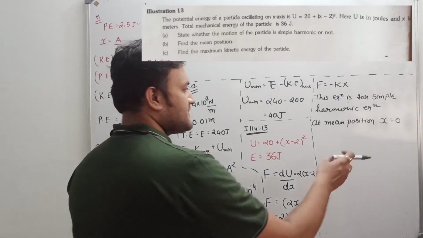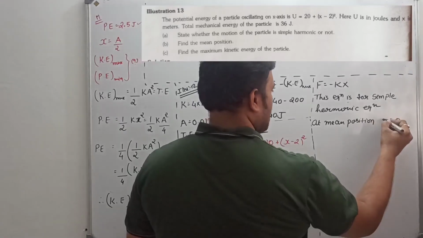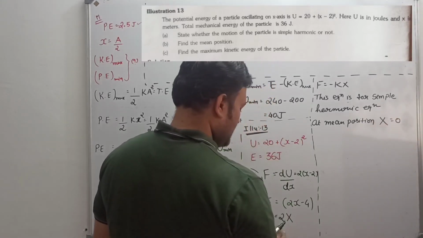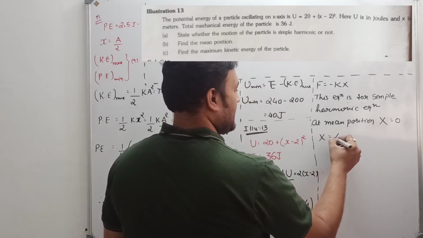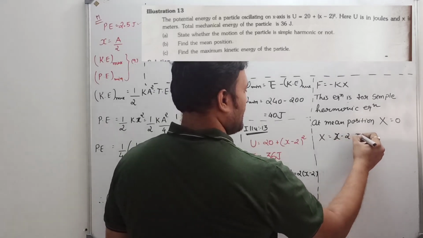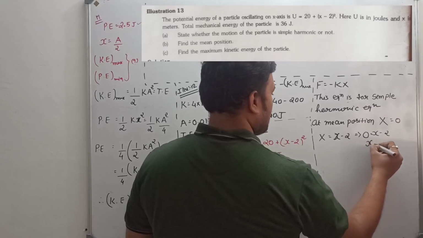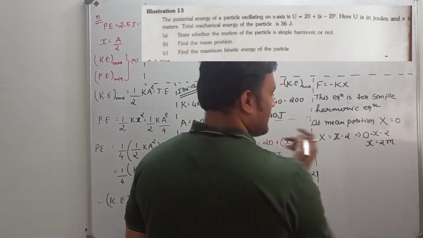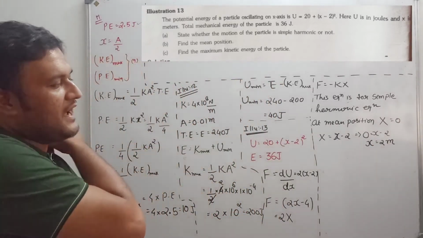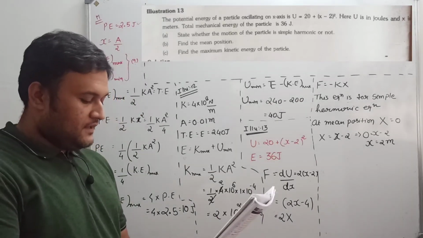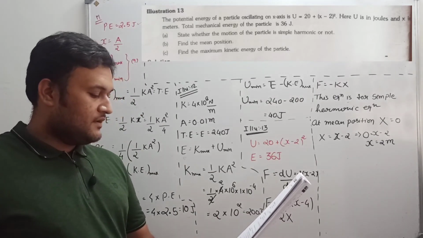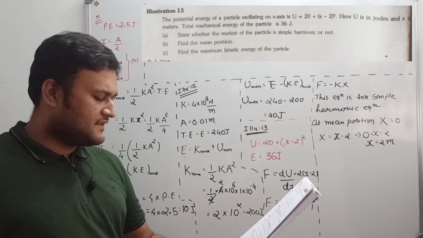So we take x minus 2 that we had taken, and put 0 here. So x minus 2 is 0, so x is equal to what will it be? 2 meter. Which gives us x is equal to 2 meter.